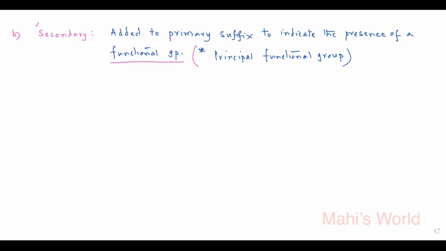Suppose, let us consider alcohols. Alcohols consist of this particular functional group called OH functional group. And for alcohols, the secondary suffix is ol.